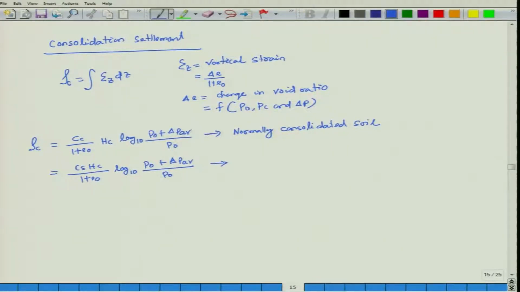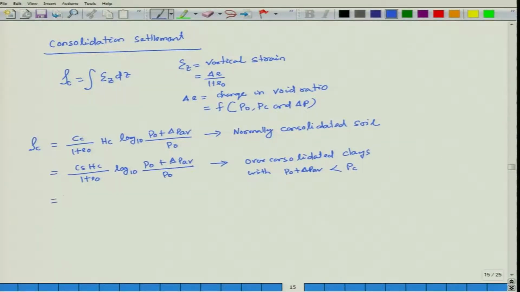This is for over consolidated clays with P 0 plus delta P average less than the pre-consolidation pressure. Pre-consolidation pressure, how you will get it? That part has been covered in consolidation in soil mechanics also.